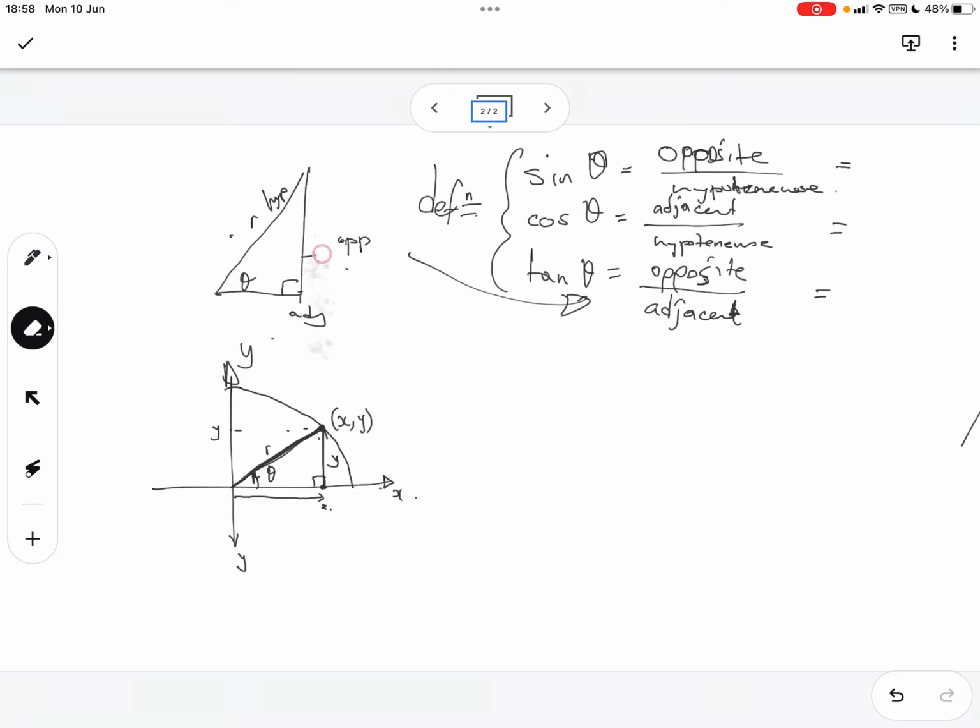So if this is the angle formed between the x-axis and the hypotenuse, then we can define the same trigonometric ratios using x, y and r: sine theta equals y over r, cos theta equals x over r, and tan theta equals y over x.